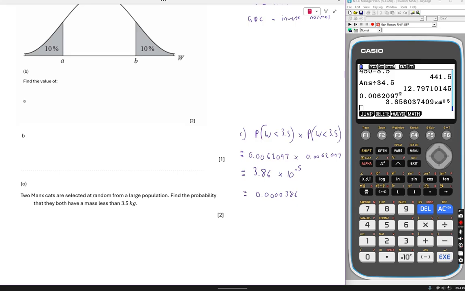That is the probability. You can see that is a very small number. That last one is worth 2 marks. So you needed to multiply two identical probabilities, and then you would get a final answer of 0.0000386, and you would get another mark for that being the correct answer.